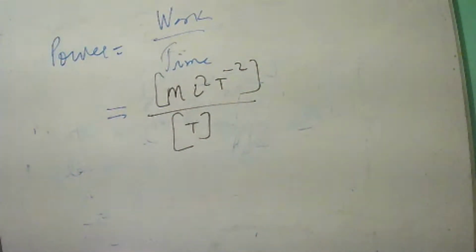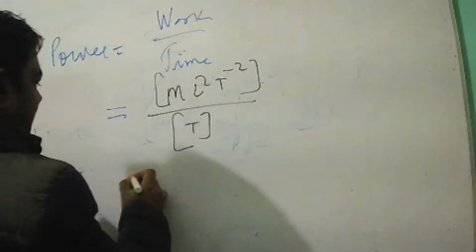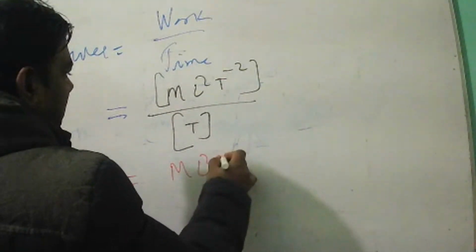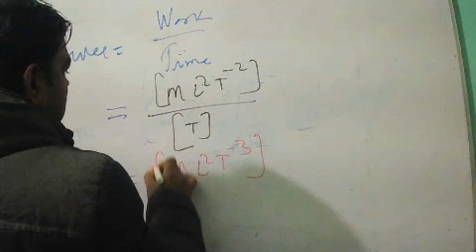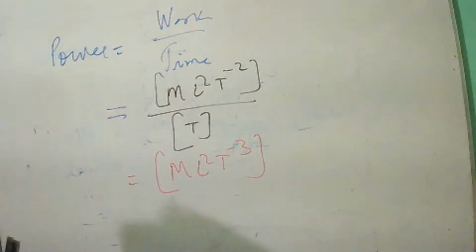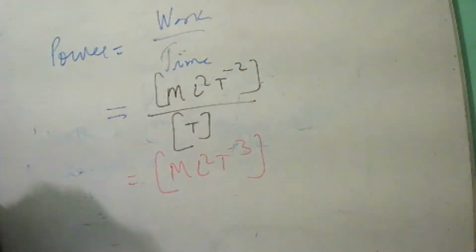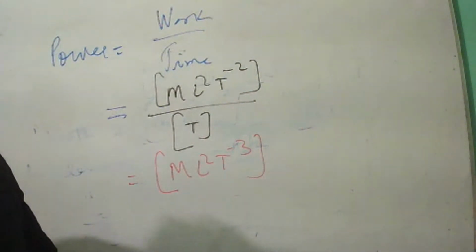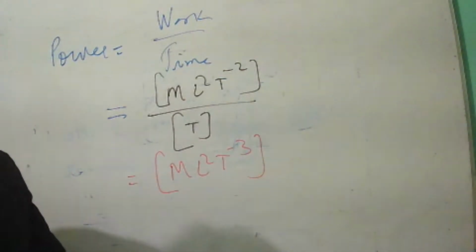So what will you get? M L square T minus 3. Any problem?